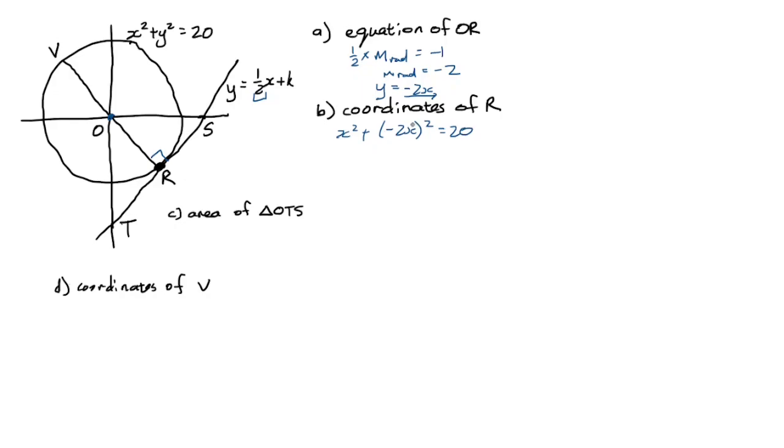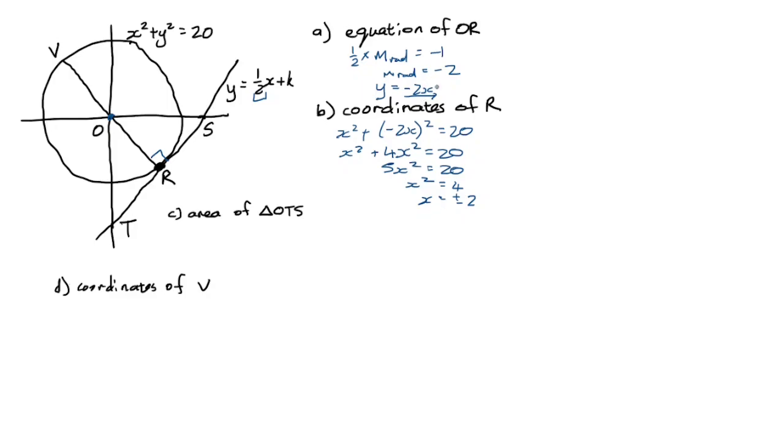Be careful that you keep this in brackets, or you always want to substitute in brackets to ensure that you're heading towards correct maths. And when I work this out, I end up getting x squared equals 4. And then I'm going to substitute that in to the easier of the two equations.